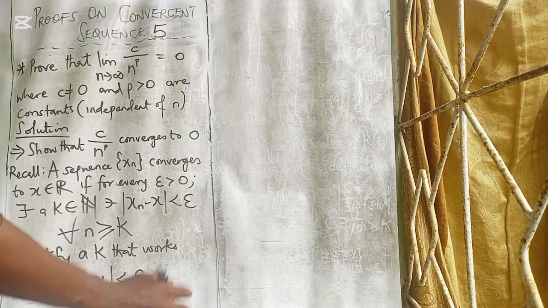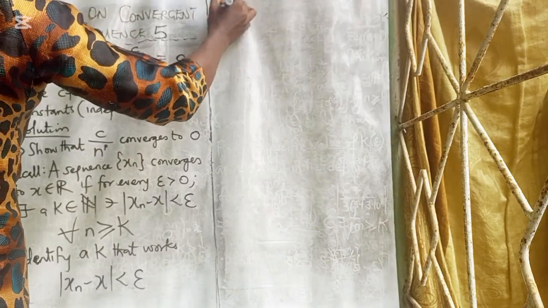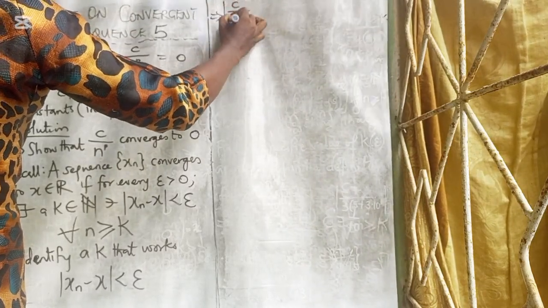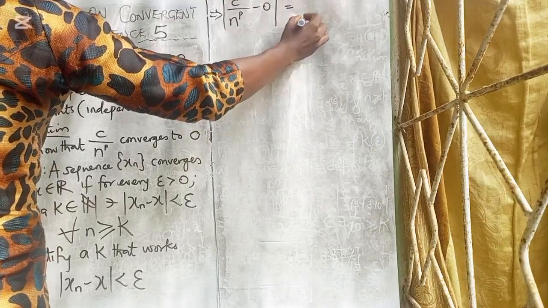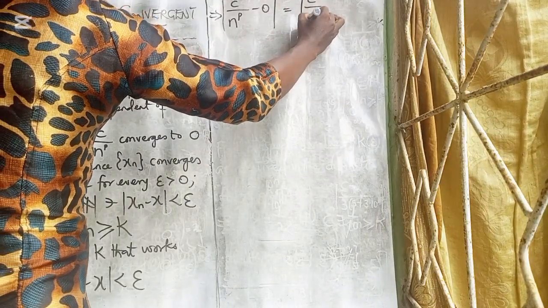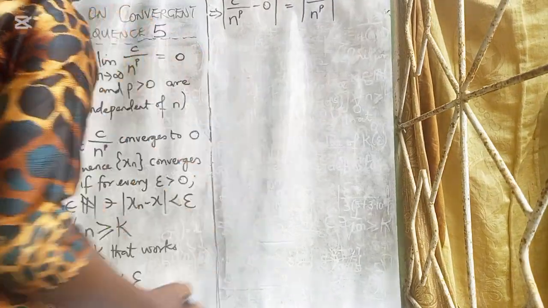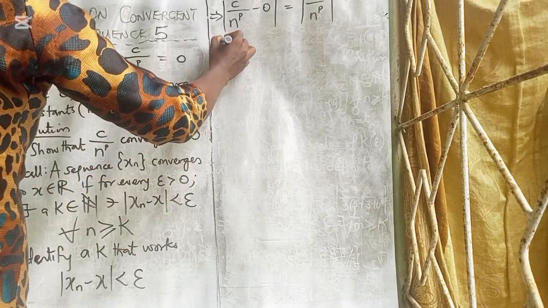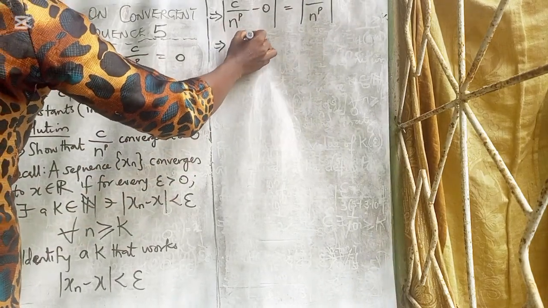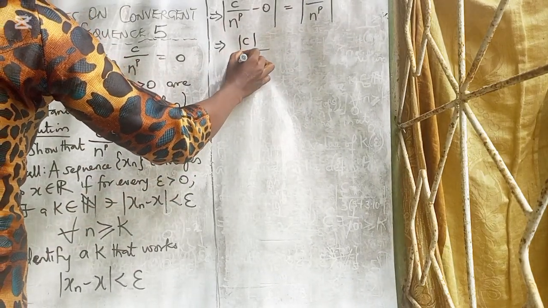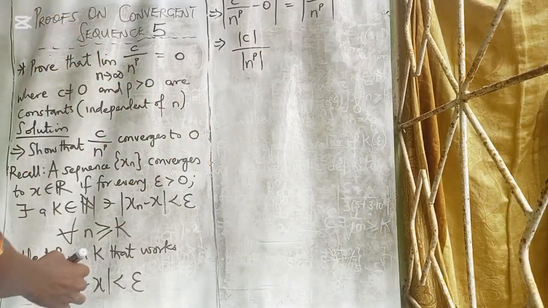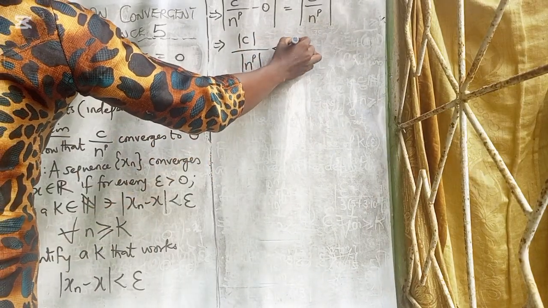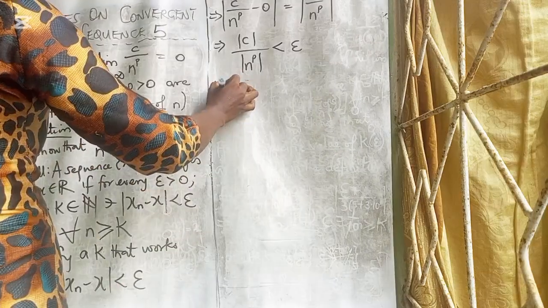And if that is less than epsilon, it implies c over n raised power p minus 0, and that gives us the absolute value of c over n raised power p. By the time we break that down, it gives us the absolute value of c over the absolute value of n raised power p to be less than epsilon.